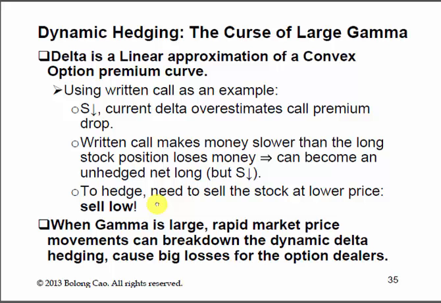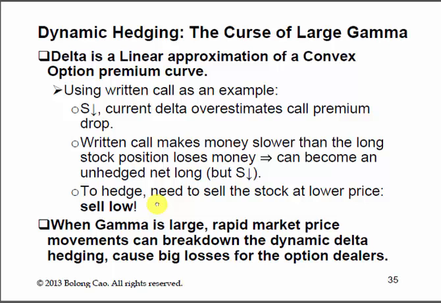In other words, when there is a large swing in the underlying price, the dealer may lose a tremendous amount of money, because they are trying to perform delta hedging, but the delta changes so fast, they cannot catch up, they cannot achieve a risk-free portfolio hedge.